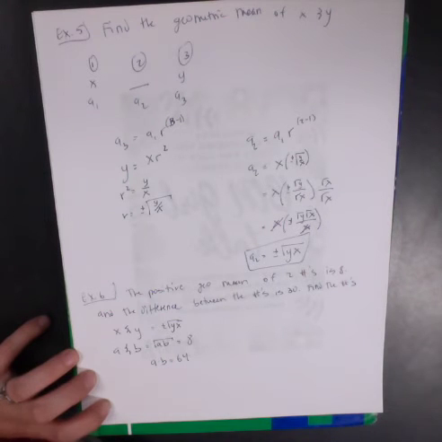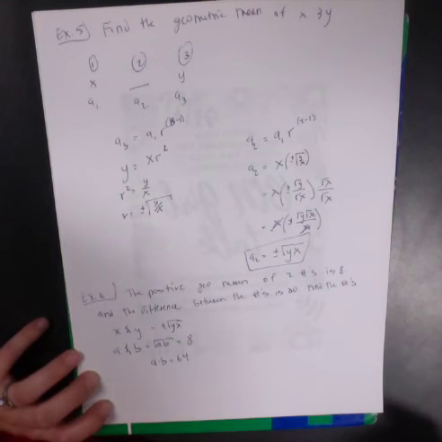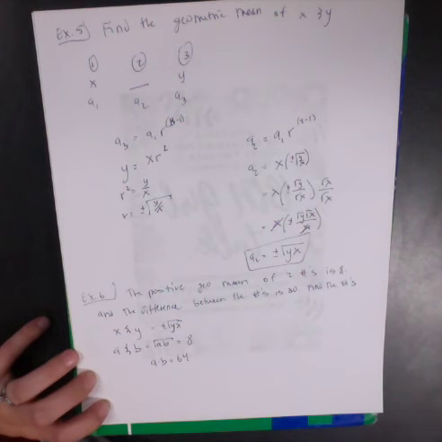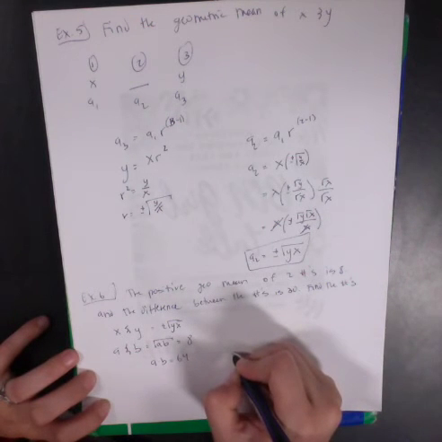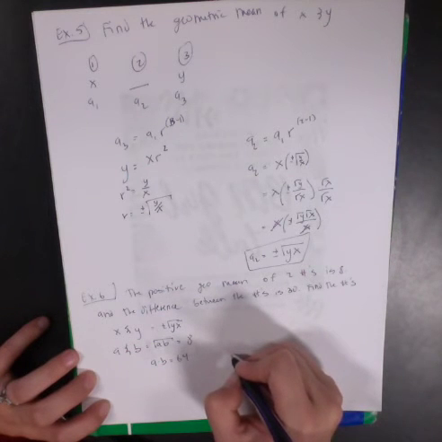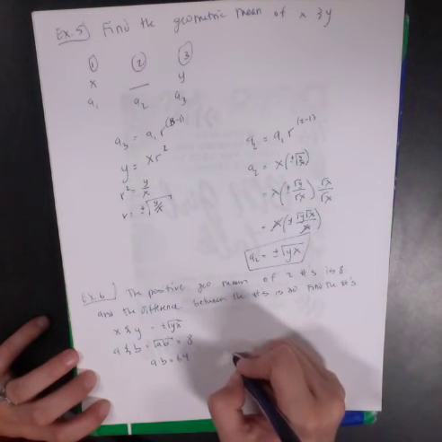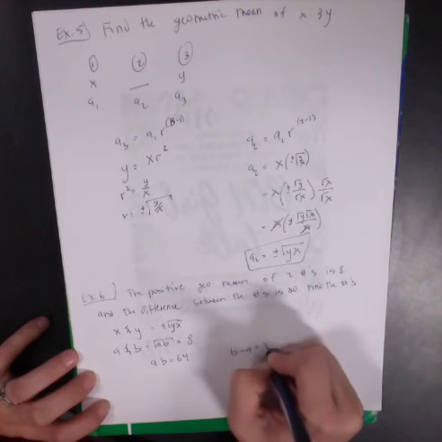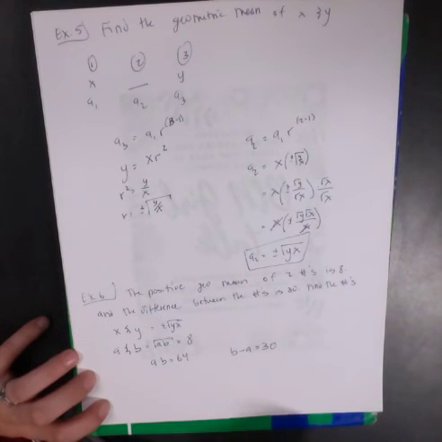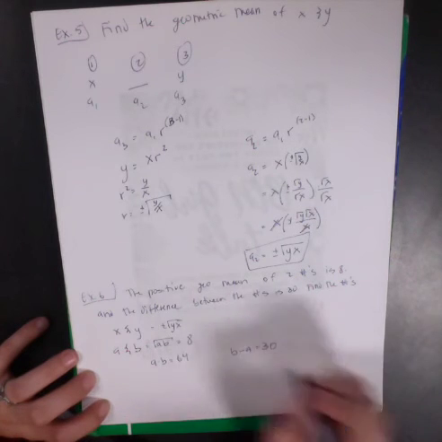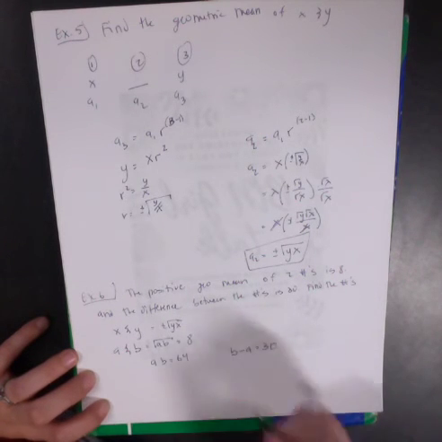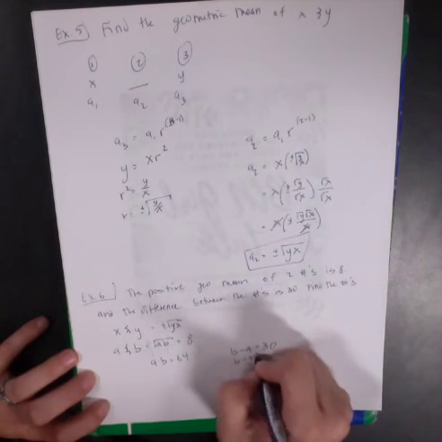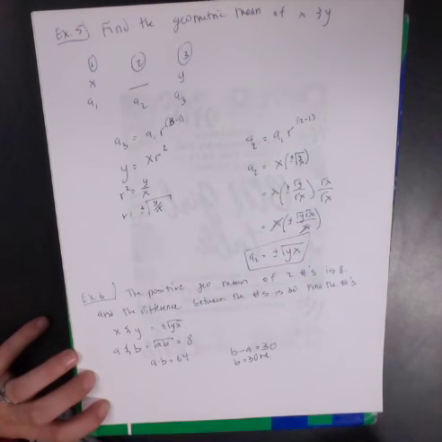And the difference between those two numbers is 30. Which means that if I did, let's do b minus a equals 30. Okay, now I have a system of two equations, two unknowns. So here I can get b is 30 plus a.